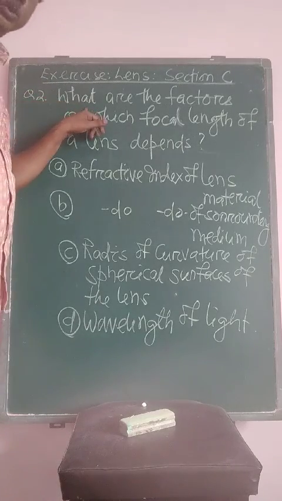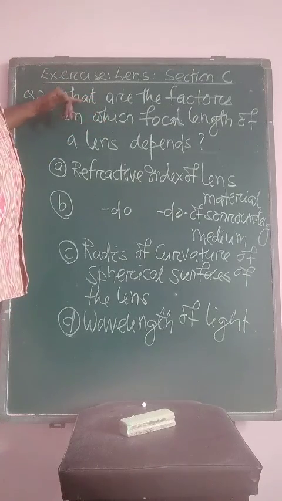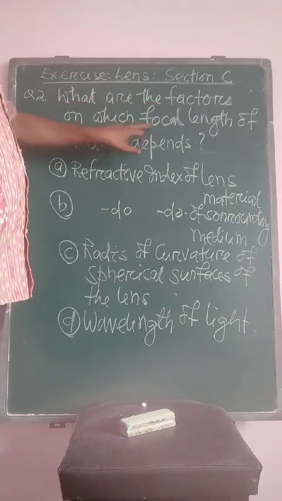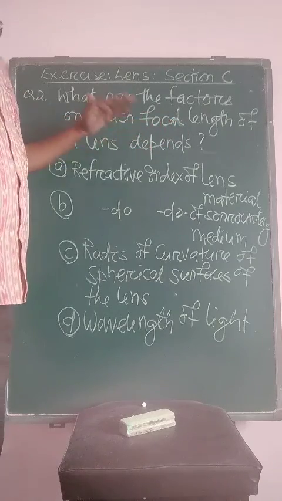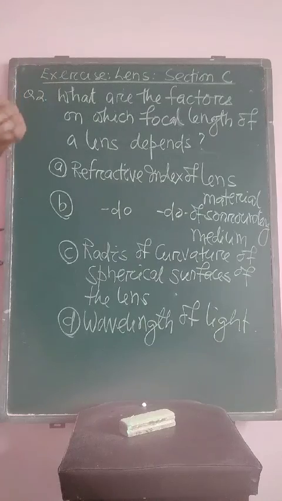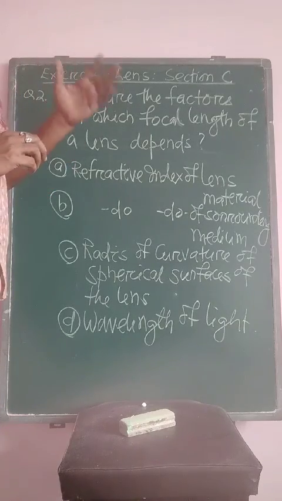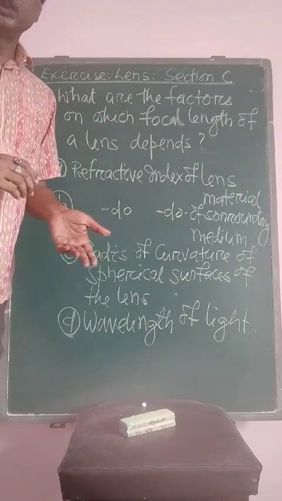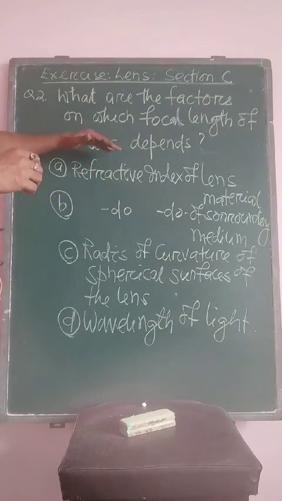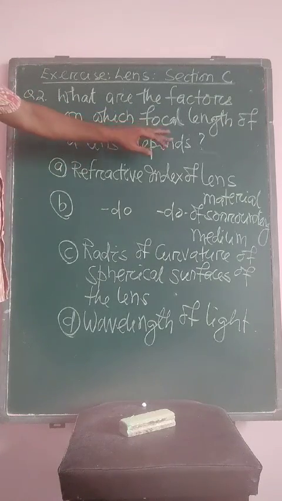Question number 2 is asking for the factors on which the focal length of a lens depends. In mirrors, we have discussed that focal length is half of the radius of curvature of the mirror. But in the case of lens, it is different. What are the factors on which focal length depends?